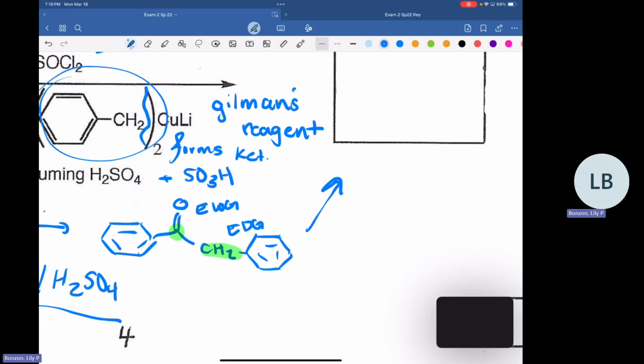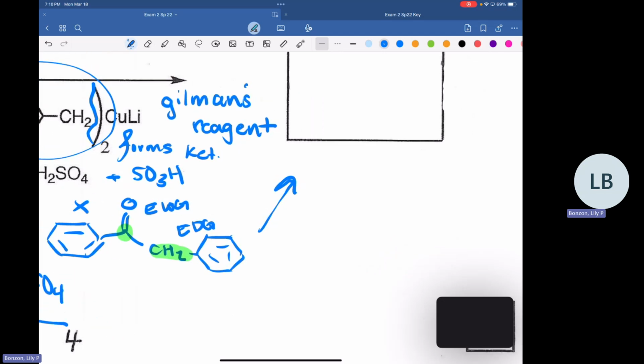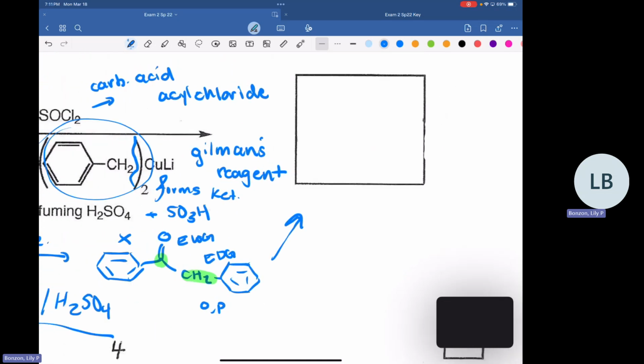And so remember, withdrawing groups are going to deactivate the ring, so we're not going to react the left ring, we're going to react the right ring because it's activated with our donating group. And so again, for donating, ortho or para. In this case, since there's nothing else on the ring, I would just go with the para position because it's less hindered. And then we're just going to throw that SO3H group on there.